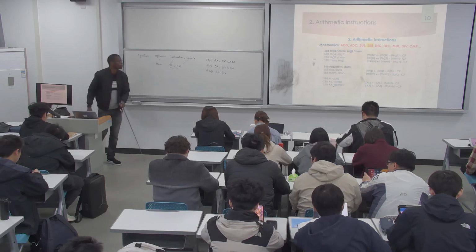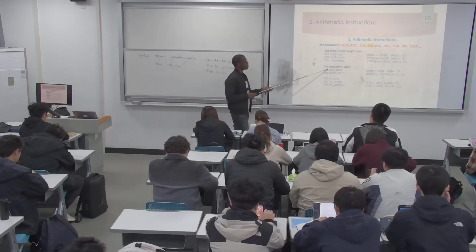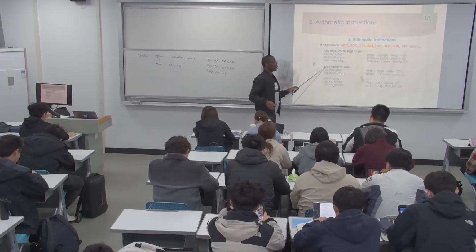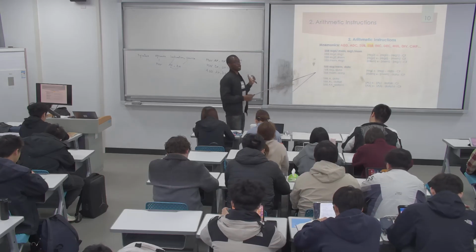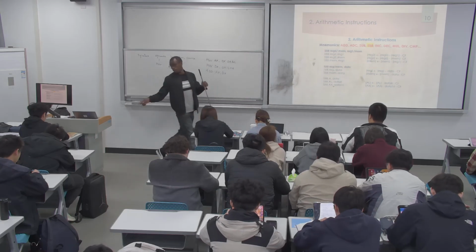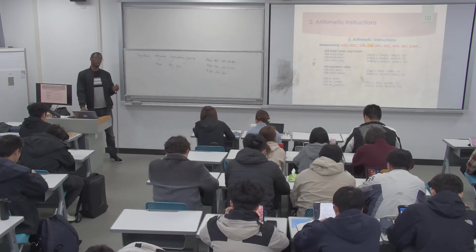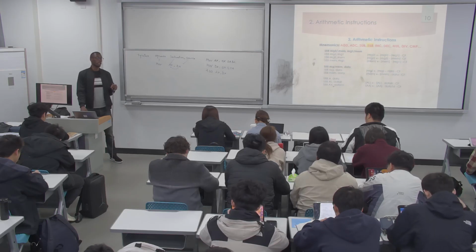So we have SBB, which means subtraction with borrow. That means this instruction will take into account to make sure that the borrow has been taken into account in the high word or high byte, depending on the length of the data that you are working on.